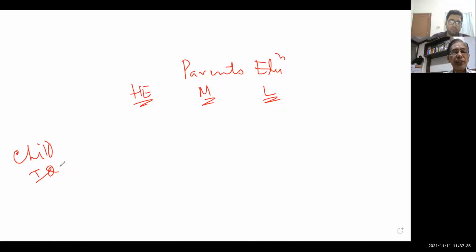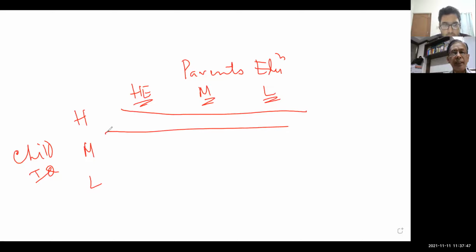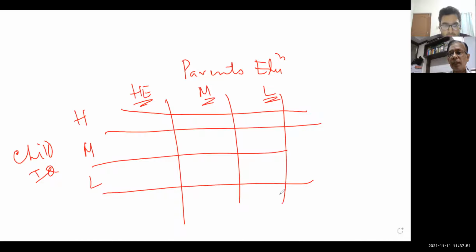Based on the child's IQ, higher IQ, mediocre IQ, and low level IQ, if you club it together, you can get a matrix like this. Suppose I get some data like this: 80, 30, 10, and here for example 40, 20, like this you got data.